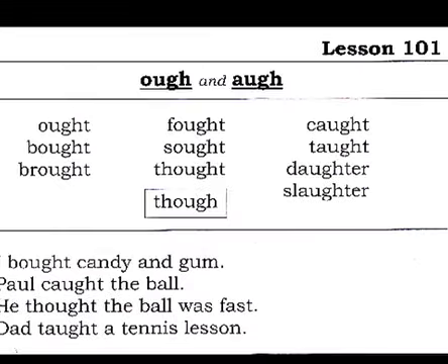Now, in Lesson 101, we actually learn another vowel sound, or, as in ought, fought, and caught. Actually, it's the same as the or sound, but it's spelled in an archaic form. For example, bought.